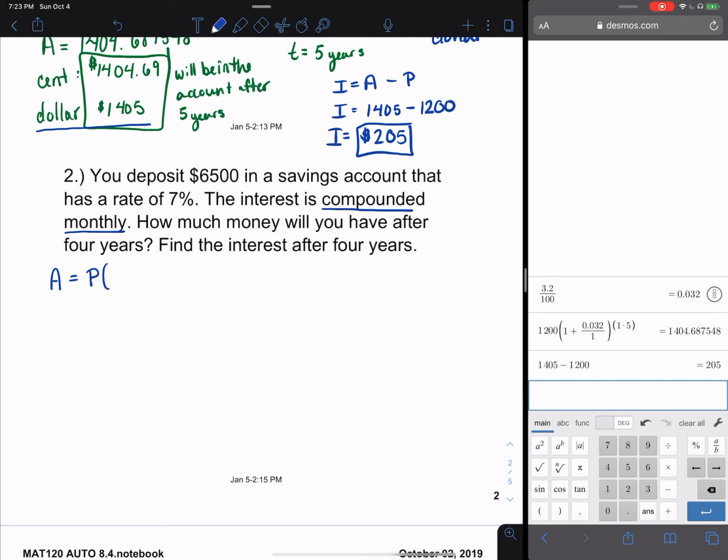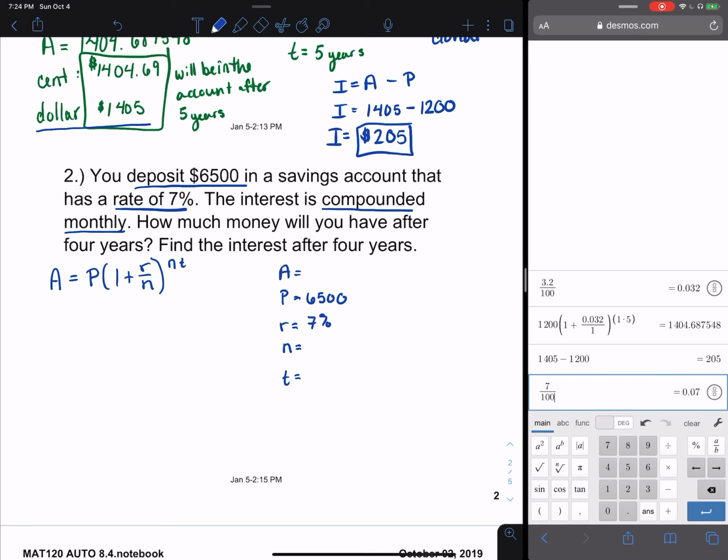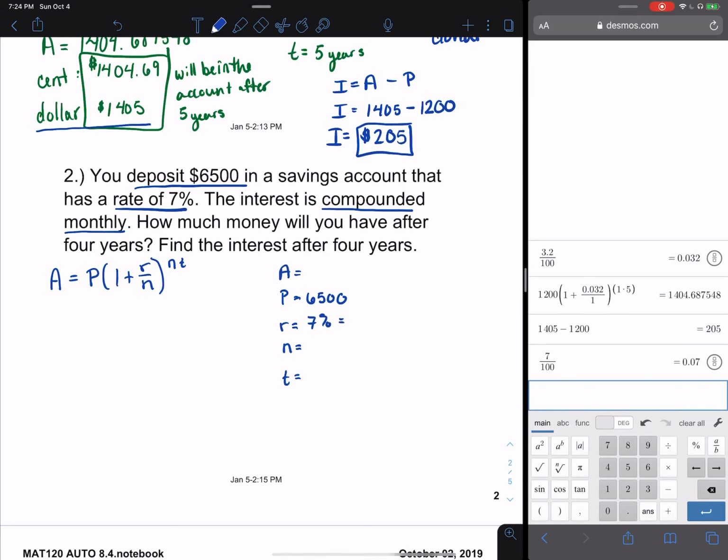A equals P times 1 plus R over N raised to the power of N times T. So I have A equals, P equals, R equals, N equals, and T equals. They told me that I deposited $6,500. So that's my principal in a savings account that has a rate of 7%. I'm going to take that 7 and divide it by 100 to get it in decimal form, which is 0.07.